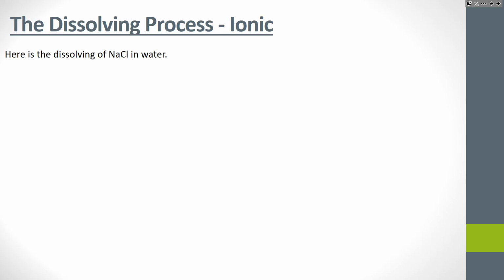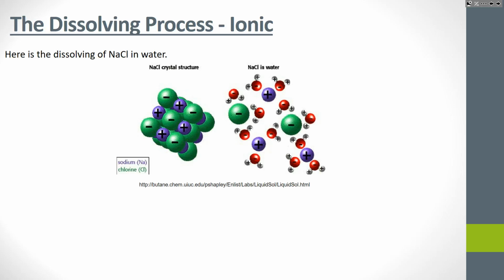So now, how does this happen? If we're dissolving salt into water, the water actually rips apart the sodiums and the chlorides. This is probably the most important concept we have in this part of the course. If you notice, the chloride ion is being surrounded by water molecules.